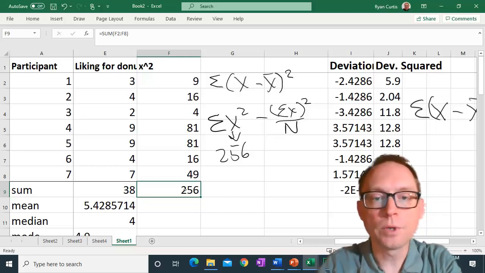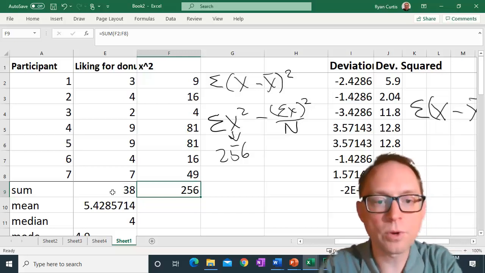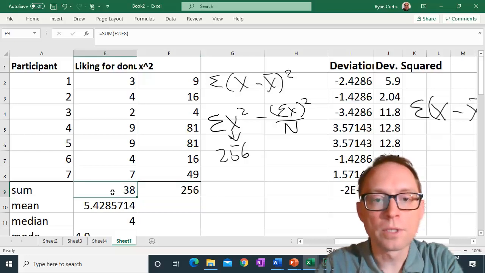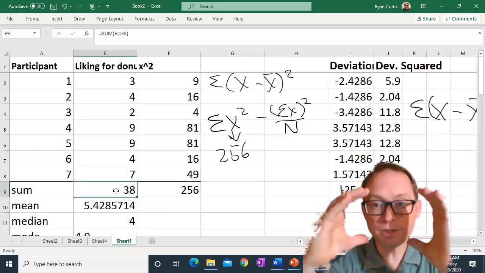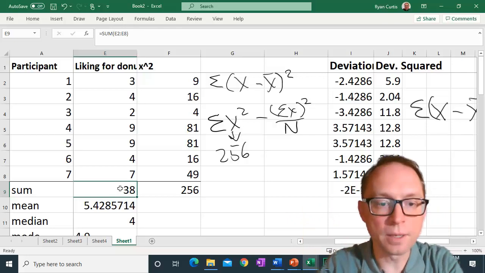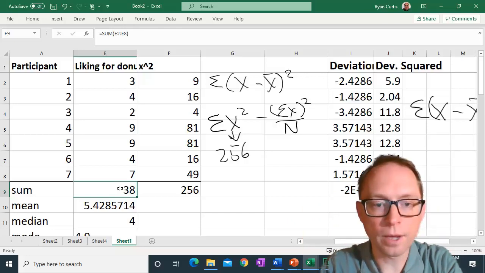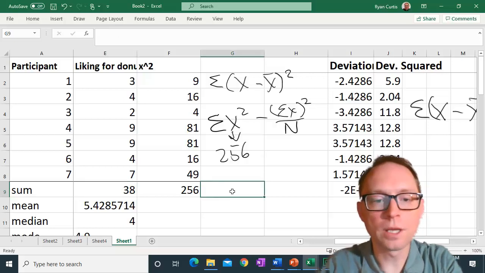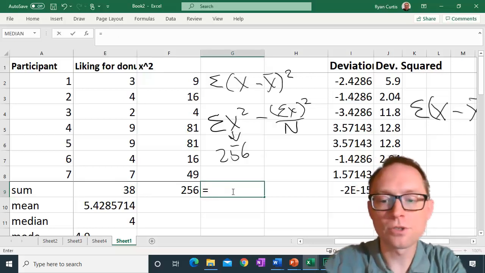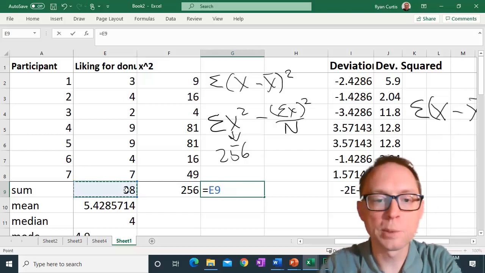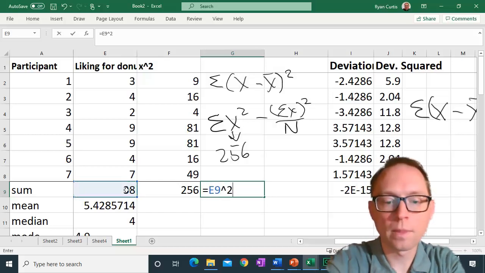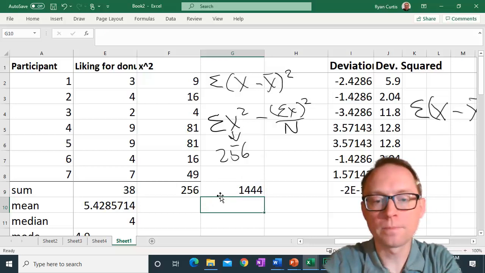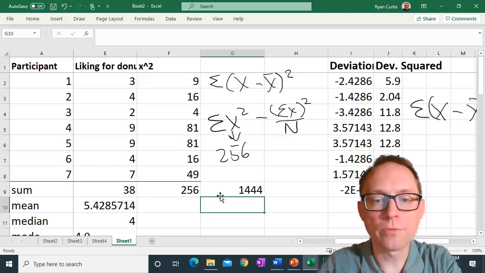Then we need to figure out what is the sum of x squared. So the sum of x in parentheses squared, that's this sum squared, okay? All right, so we need to get that squared. Let's go ahead and I'll show you what that is. So this is this squared, 1,444.